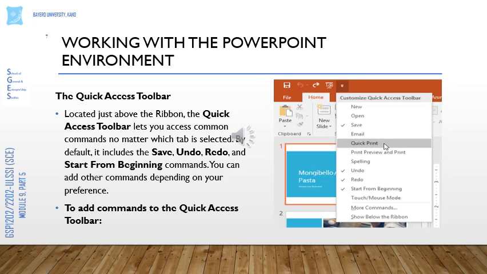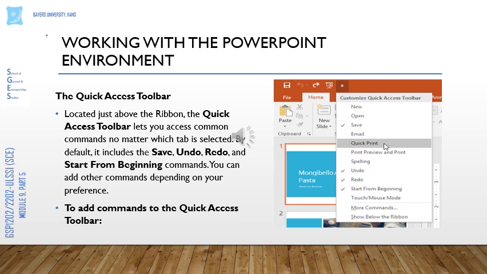Right above the ribbon is the quick access toolbar. The quick access toolbar helps us to do different things on our presentation. If we are at the end of our presentation and we want to quickly go to the start of our presentation, we want to save, we want to undo, we want to redo, the quick access toolbar is a go-to feature that easily helps us do all of this.